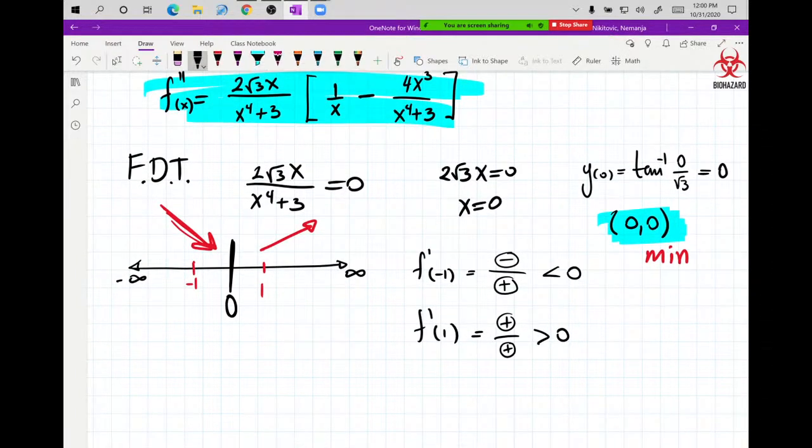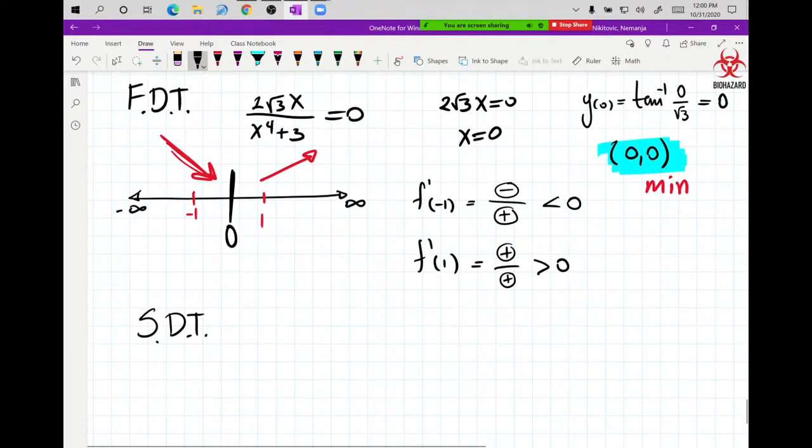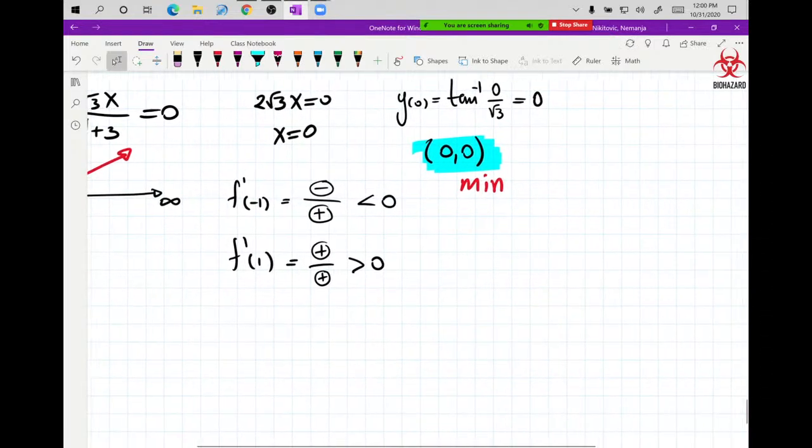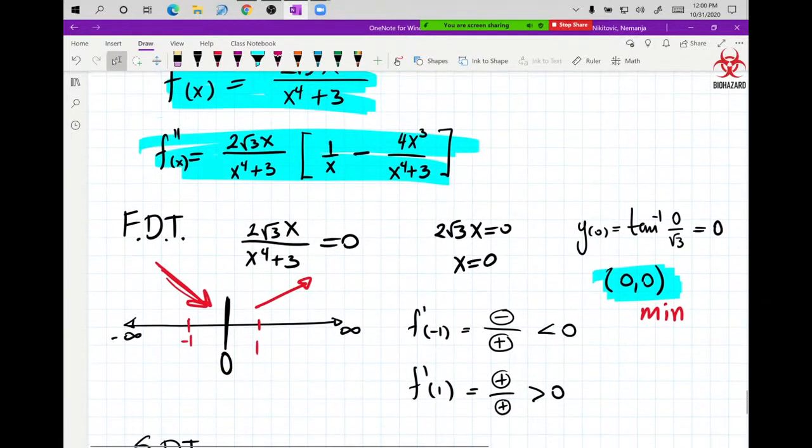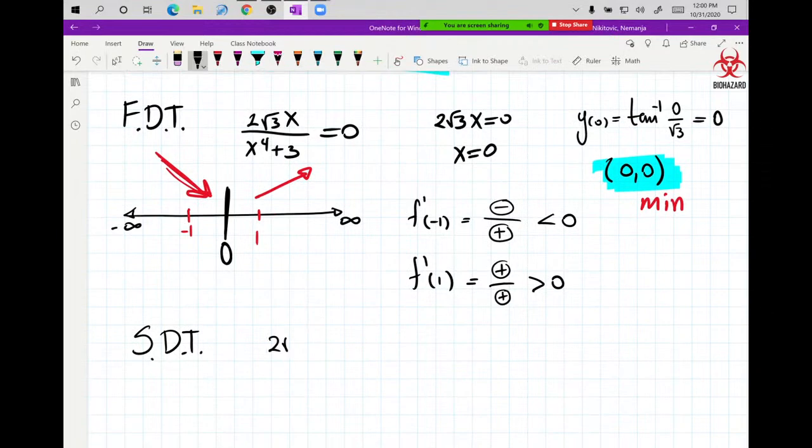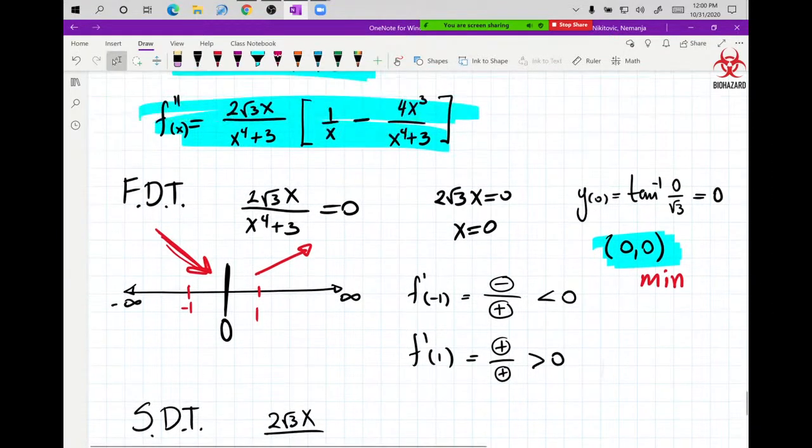Second derivative test. And this is where my second derivative, done with logarithmic differentiation, really shines, because I have it in a factored form.